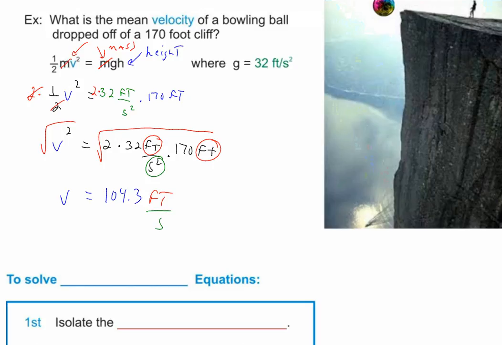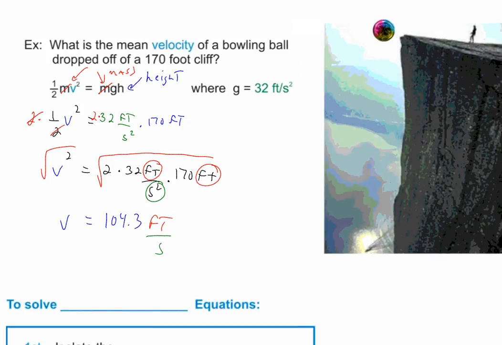All right, so a little bit of science here before we go on. What if instead we dropped a golf ball off of there? What would be the velocity? 104.3 feet per second, negating any wind resistance or air resistance.